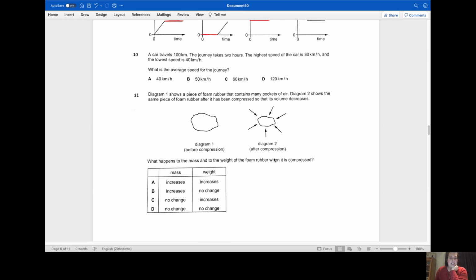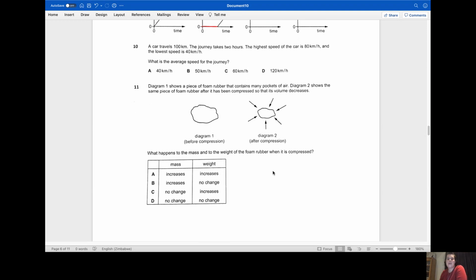Question 10 was a bit of a trick question. It tells you that a car travels 100 kilometers and the journey takes 2 hours. The highest speed of the car is 80, the lowest speed is 40. What is the average speed for the whole journey is what they are asking.